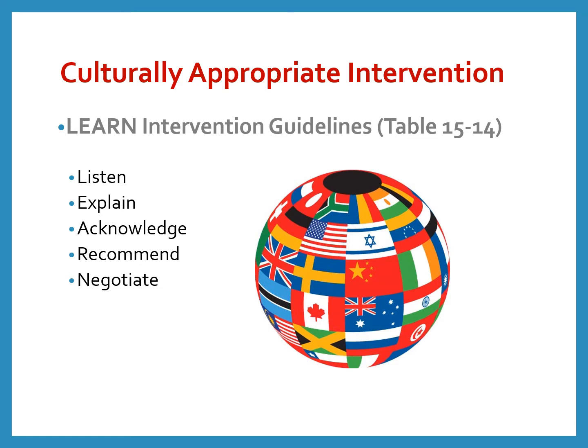So what we do is there are 5 different steps that we have to follow, and the first one is really listen. We have to listen to what other people are saying, especially when we are working in different communities with different cultures. We need to listen to the people. We must come across as if we are curious.